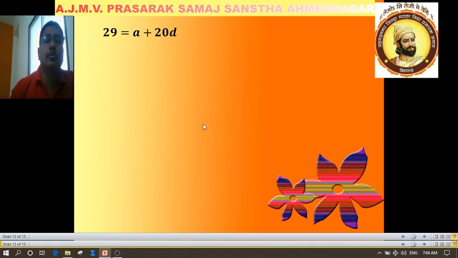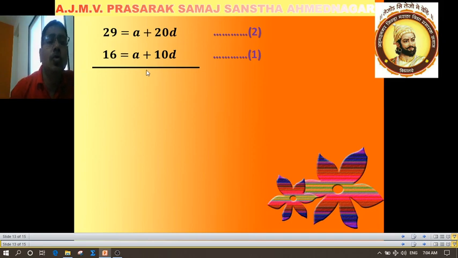First write both equations below each other. 29 is equal to a plus 20d, equation number 2. 16 is equal to a plus 10d, equation number 1. Now for subtracting equation number 1 from equation number 2, change the sign of each term.